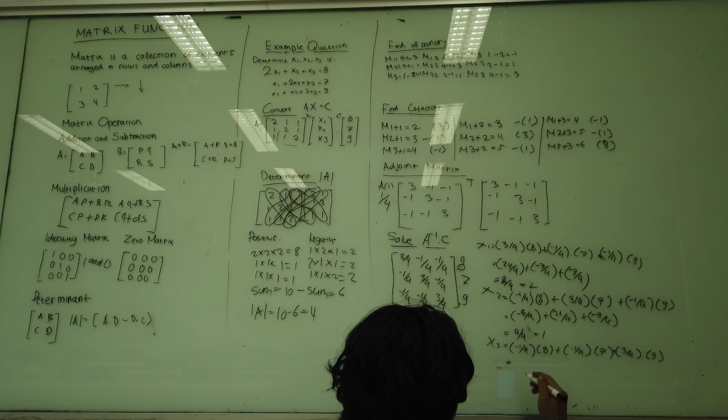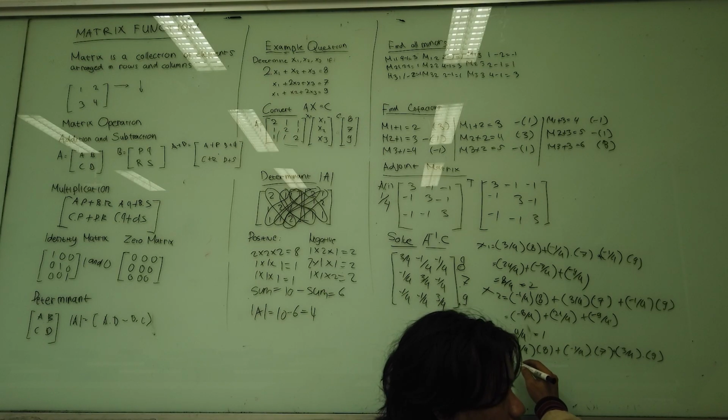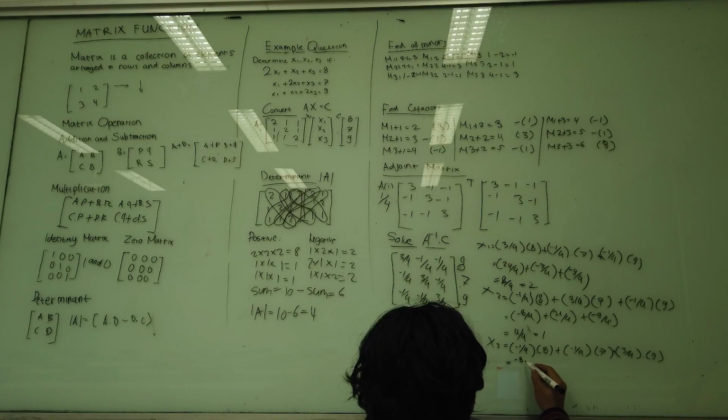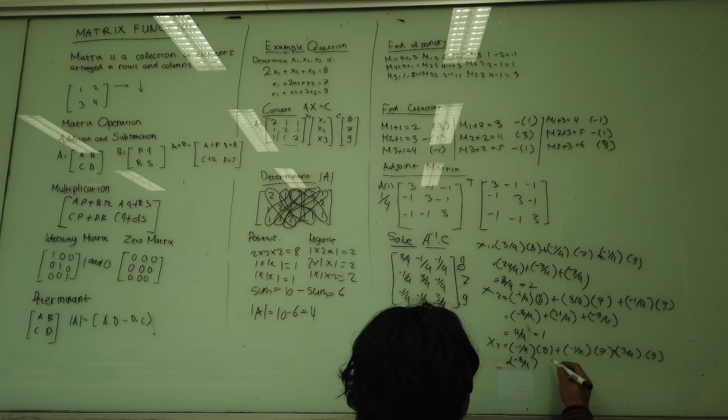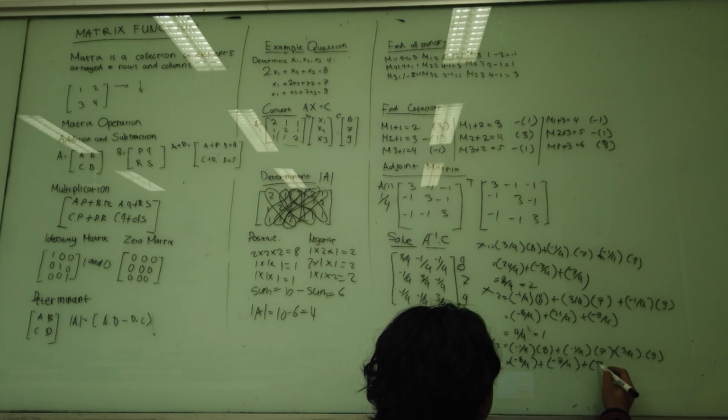Which gets us this number, minus 8 per 4 plus minus 7 per 4 plus 27 per 4.